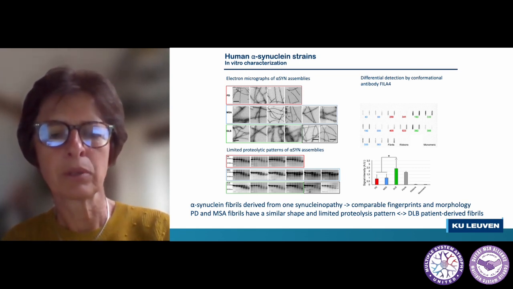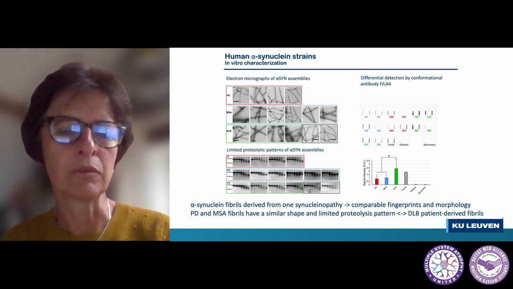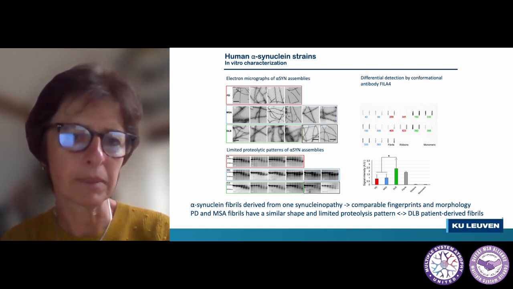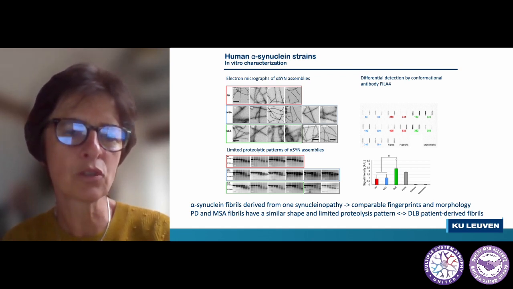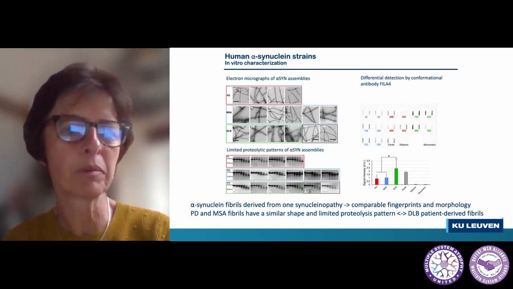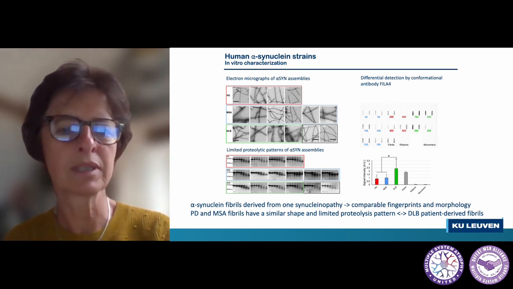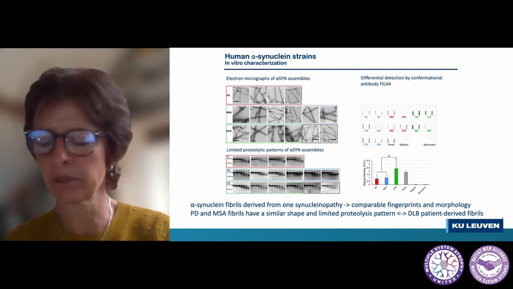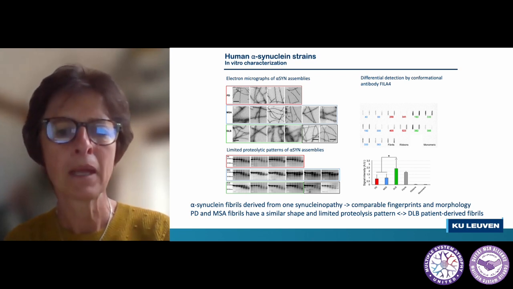The results of this were that, first of all, we looked in vitro. This was done in Ronald Melke's lab. He could show that the strains amplified from this patient material formed fibrils, but the fibrils looked different under an electron microscope. The conclusion was that the fibrils from PD and MSA patients looked more similar to each other than, for example, the fibrils derived from DLB.